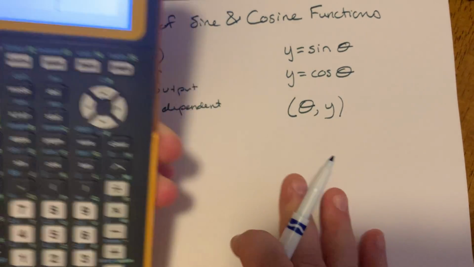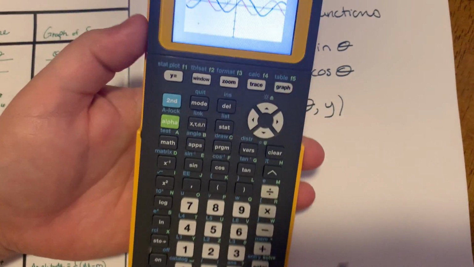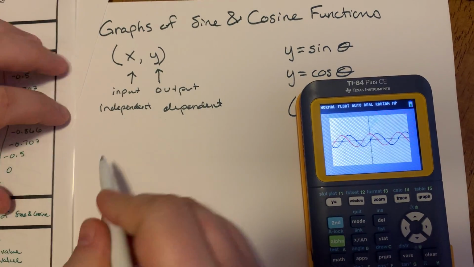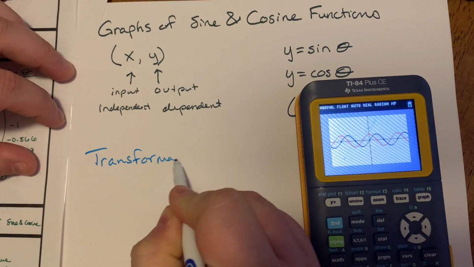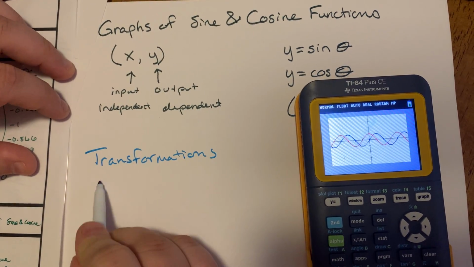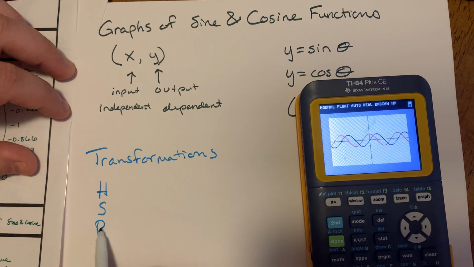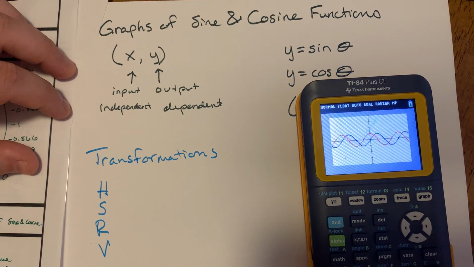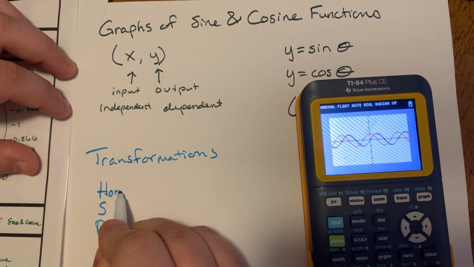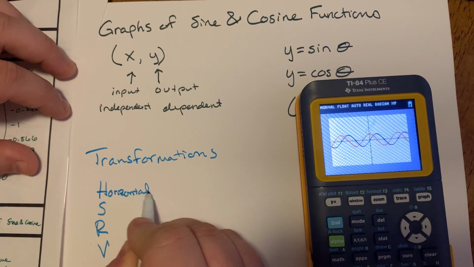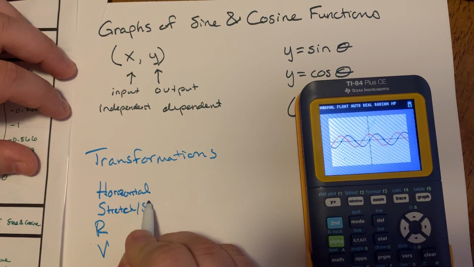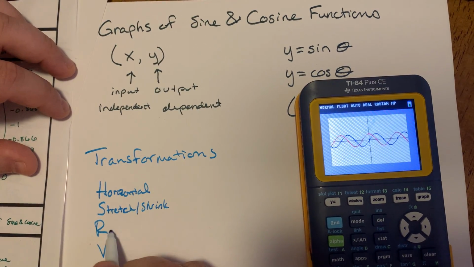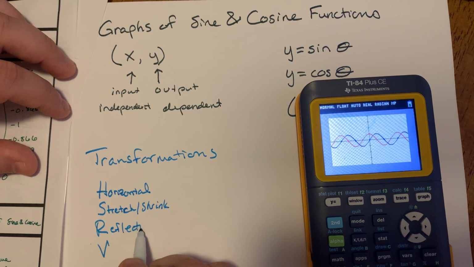And we have our typical transformations. Remember, we have our H, S, R, V, help students remember variables. We have our horizontal shifts, our stretch and shrink, our reflections, and our vertical shifts.